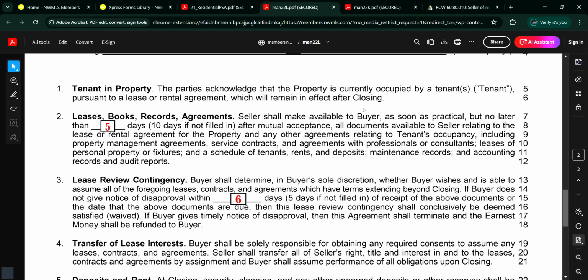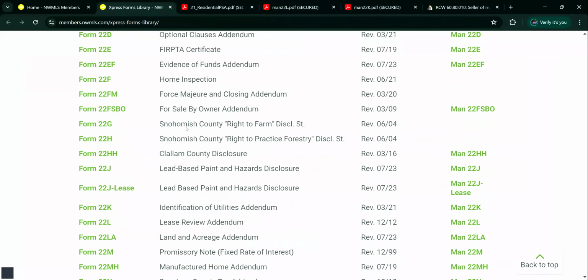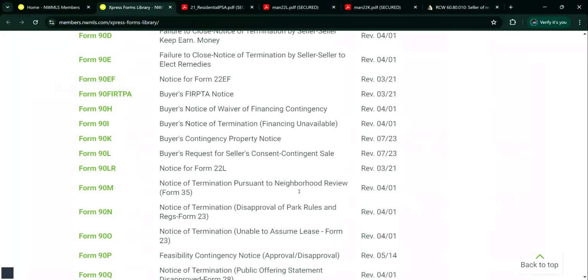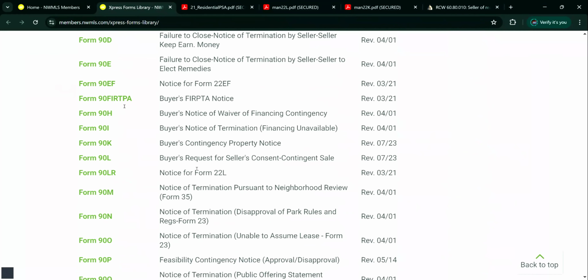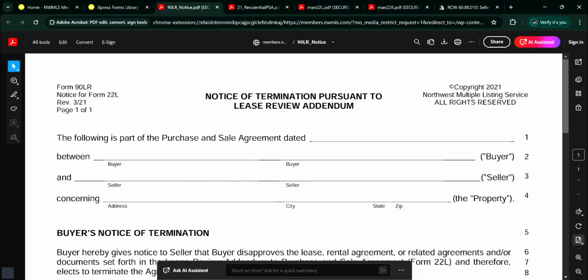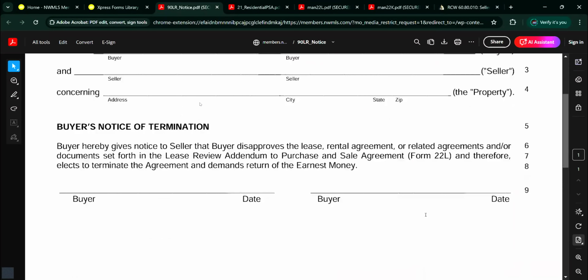Okay, so if you end up terminating from the lease review contingency, I believe there is a 90 form for this. Most of your 90s are connected to that. Yep, for form 22L it is a 90LR. Okay, and here it is. Buyer's notice of termination.